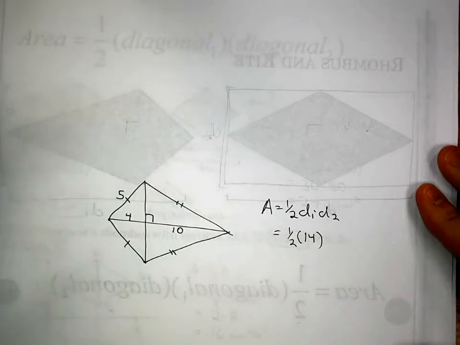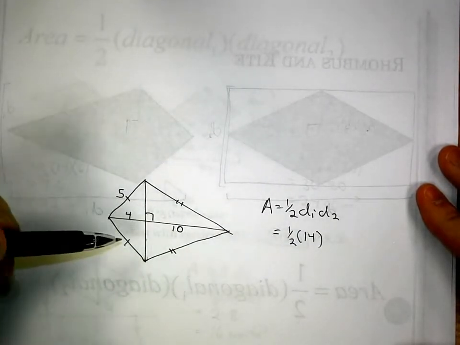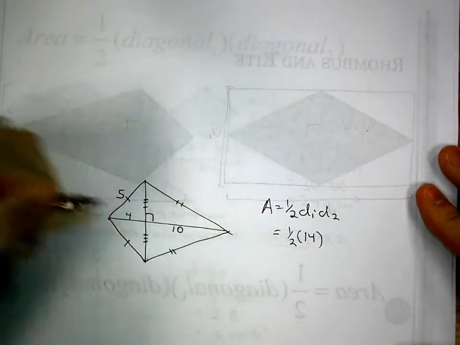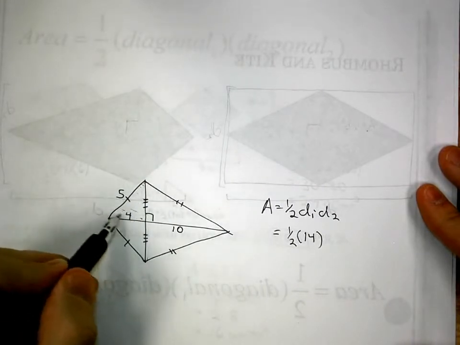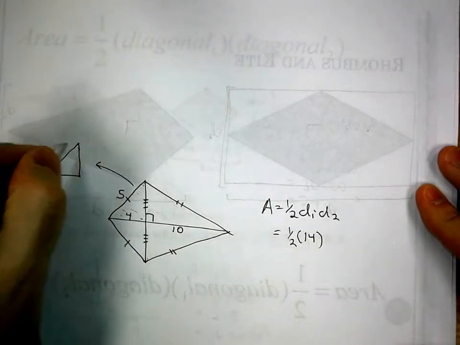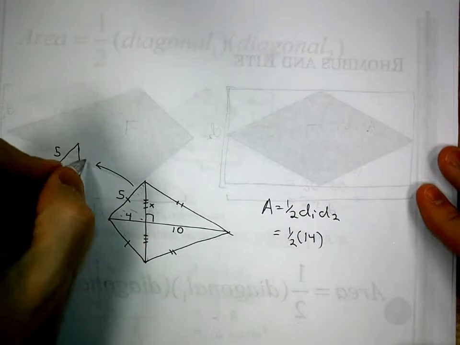Now, in a kite, this segment and this segment are the same, because that diagonal happens to bisect them. So I know whatever they are, they're the same. So I need to find that piece. And we're going to use this triangle here to help us, because I have 5, 4, and just call this x.